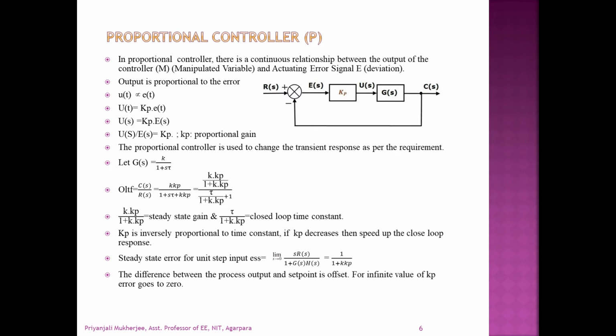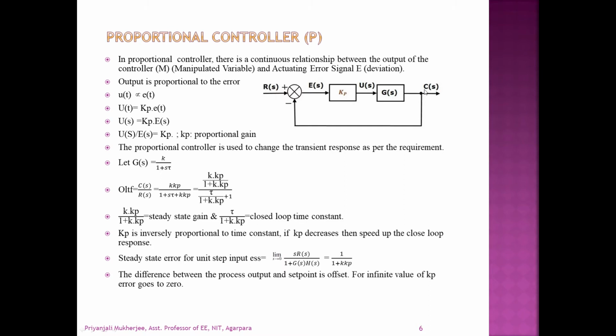Now, if the forward path gain is increased, the peak overshoot increases while the steady state error is reduced. Here, due to application of the P controller, the steady state error is only reduced. Let's take an example. We consider that G(s) is a first order system with transfer function K by 1 plus s tau.